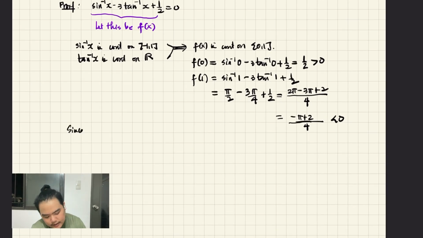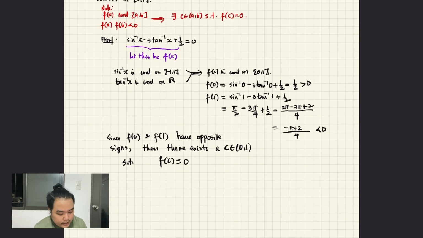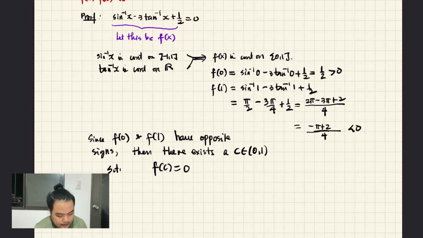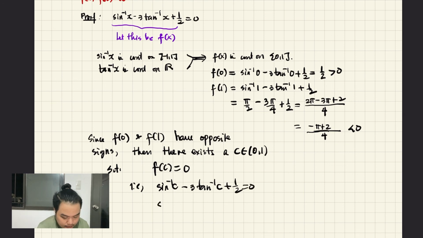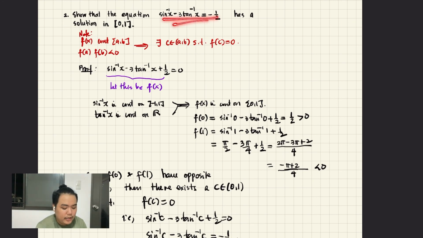So, since f of 0 and f of 1 have opposite signs, there exists a c in the open interval 0, 1 such that f of c equals 0. That is, sine inverse c minus 3 tangent inverse c plus 1 half is 0, or sine inverse c minus 3 tangent inverse c equals negative 1 half, to relate it to the original problem. And so we have answered the question: this equation has a solution in 0, 1.